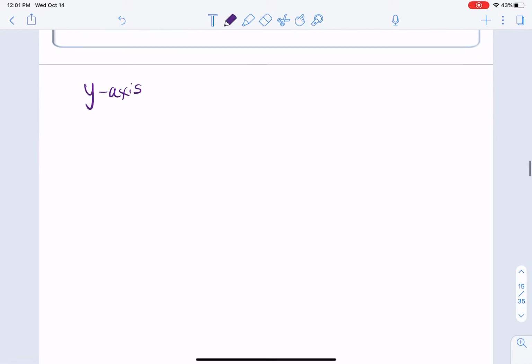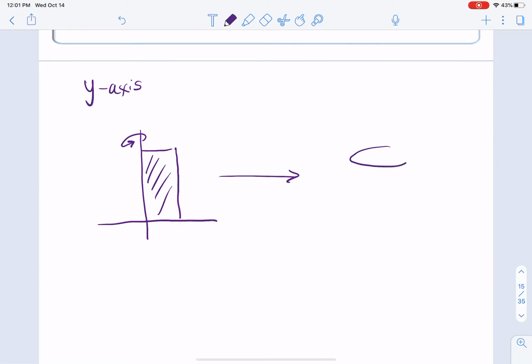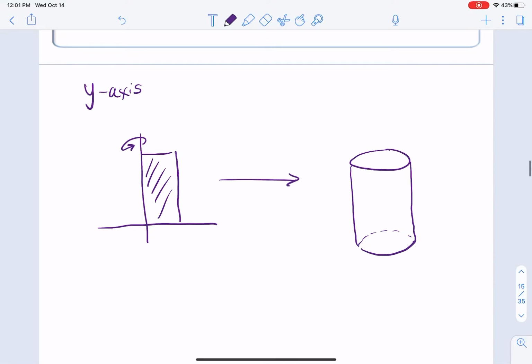All right, maybe I sketch a little picture for this. I'm taking this rectangle, and I'm going to rotate it around the y-axis here. And when I do, I'm going to get a tall, slightly skinnier cylinder, like so. What I generally like to do is draw in the axis, which is the y-axis right here.